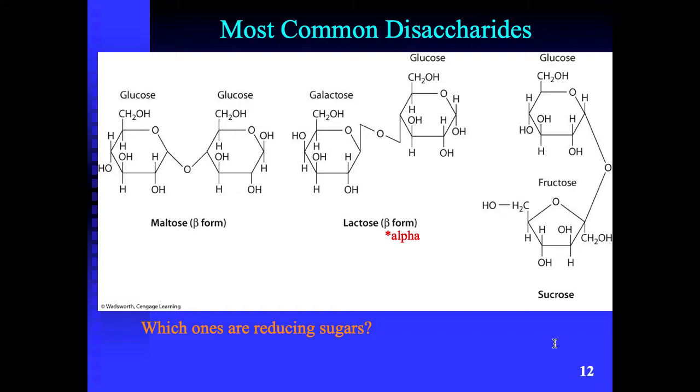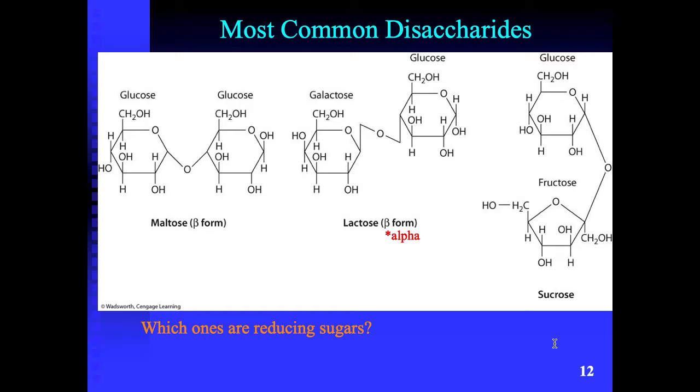Okay? So the middle one is more fun with typos, but let's go through this. This is lactose. We know lactose is galactose and glucose. So here's galactose. Its anomeric carbon is in the glycosidic bond. And here's glucose. Its anomeric carbon is not.